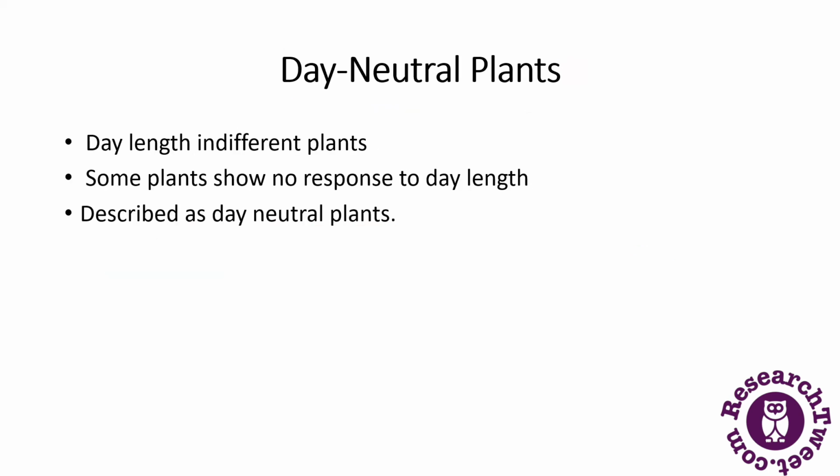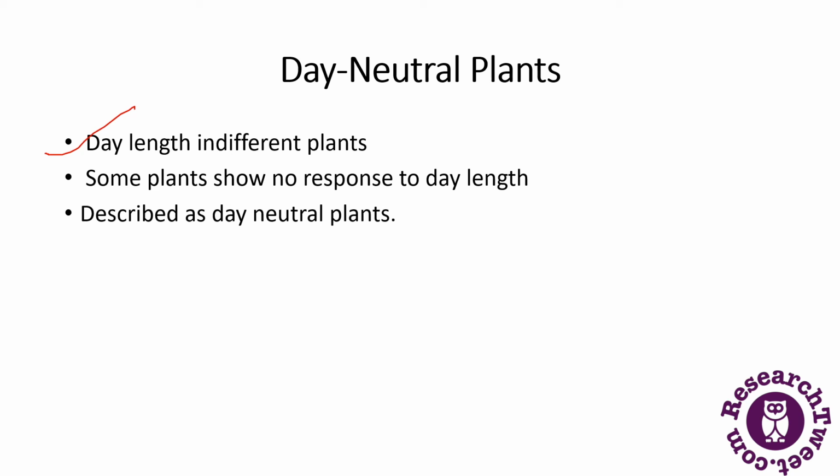Then day neutral plants. The day length can be short, or it can be long compared to the critical day. It is neutral basically. Some plants show no response to day length and are described as day neutral plants.